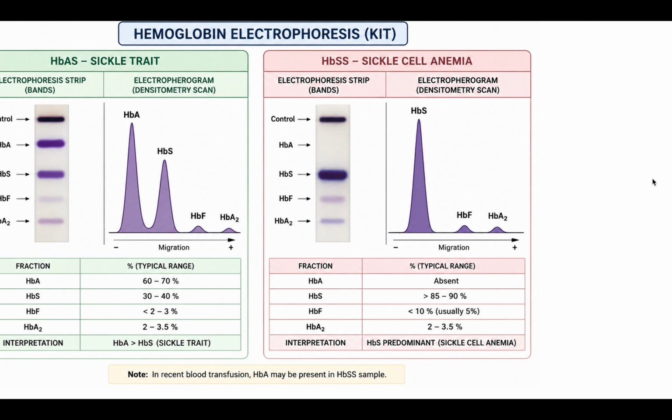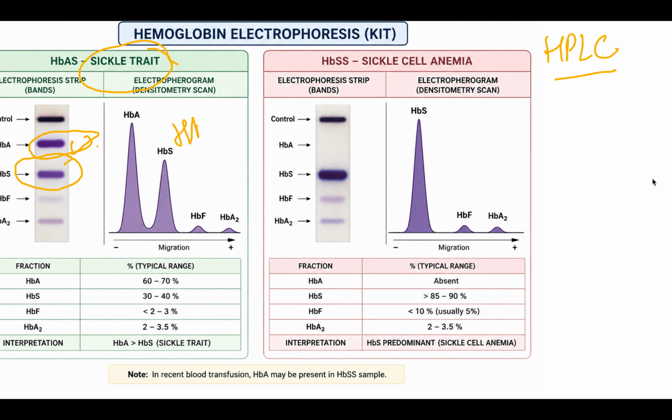Then the diagnostic tests are hemoglobin electrophoresis or HPLC. These are the diagnostic tests for sickle cell anemia. They also differentiate between sickle cell trait and sickle cell anemia. In sickle cell trait you can see two bands, a band of HbA and also HbS, because a sickle cell trait patient is not totally abnormal.